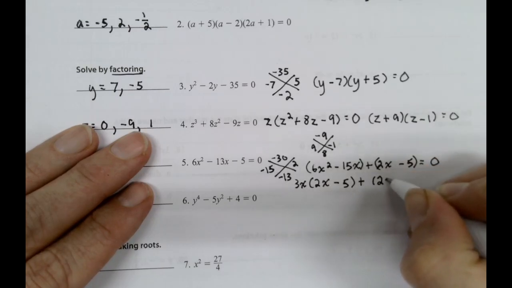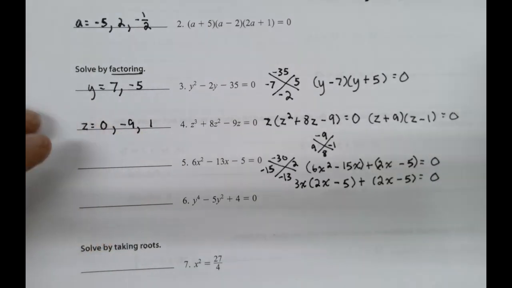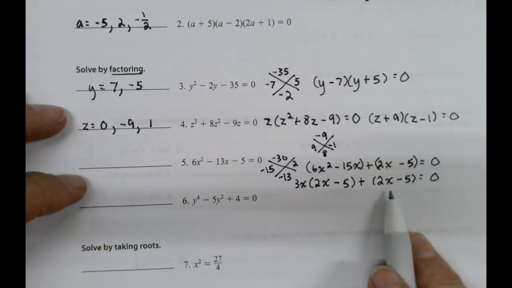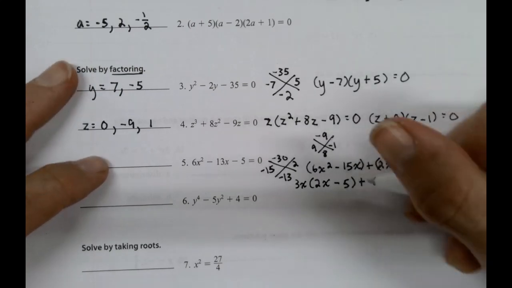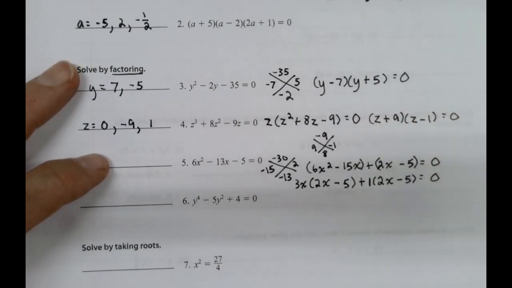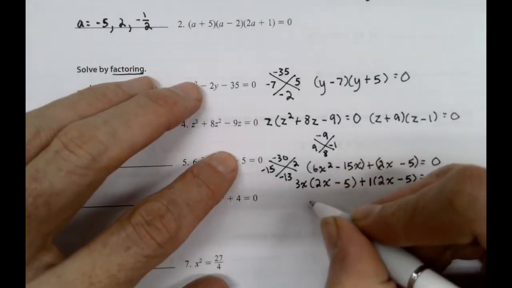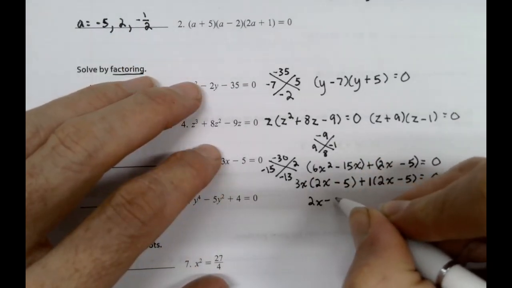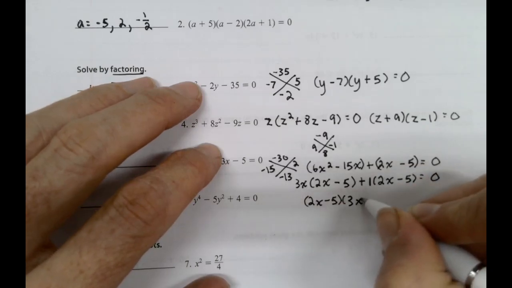Okay. So now what I can do is factor out a 2x minus 5, right? You can act as if there's a 1 here, okay? And then I can rewrite this as 2x minus 5 times 3x plus 1 equals 0.